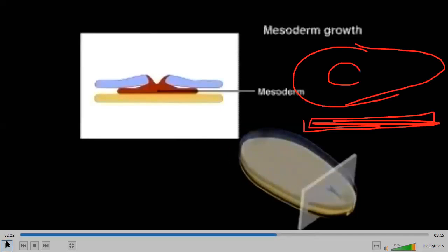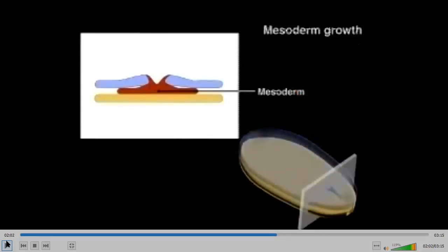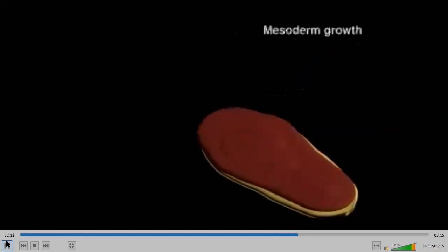So what I said, through the primitive groove, some of the future mesodermal cells converge and reach here and spread in all directions for the formation of mesoderm. That is what we are showing in the diagram. How they spread in all directions, mesoderm is formed. You can see the red color is the mesoderm.